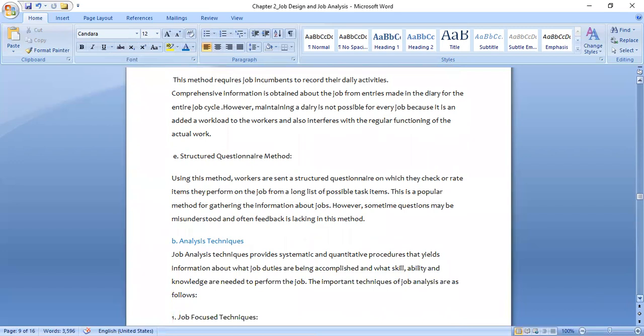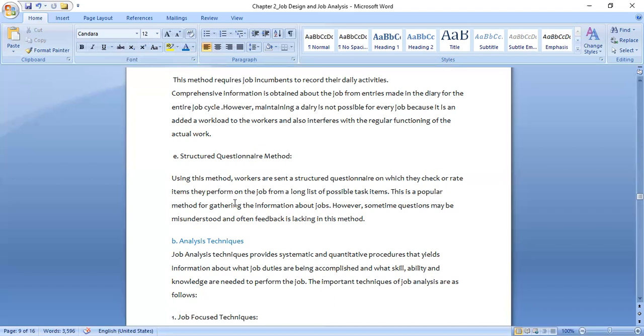Then another way of collecting this information on job design will be using the structured questionnaire method. Still here, the human resource specialist will design questionnaires for these employees at the workplace and ask them questions related to the information he or she requires for the job design.